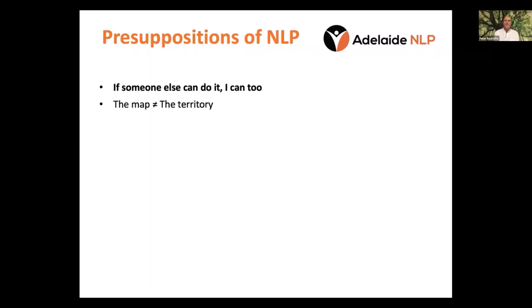The next one is the map is not the territory. One thing to understand is it's very humbling to think that whilst we live in this universe, what we're actually really living in is an internal representation of the universe. So when you see your friend, you're not really seeing your friend, you're actually looking at an internal representation of your friend in your head.